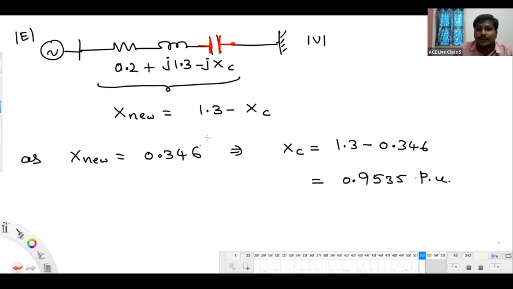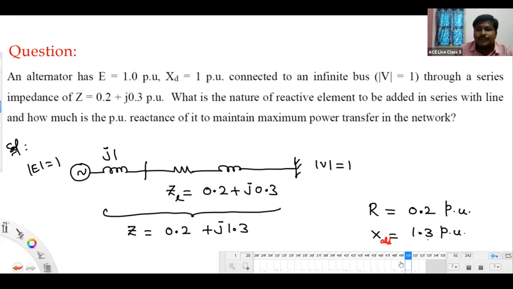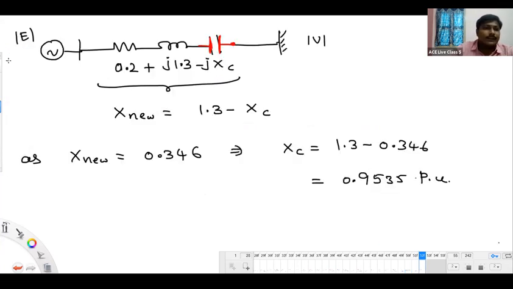Make these two equal, then we get Xc value as 0.9535 per unit. This is the old network, and this is our new network after adding the series capacitor.